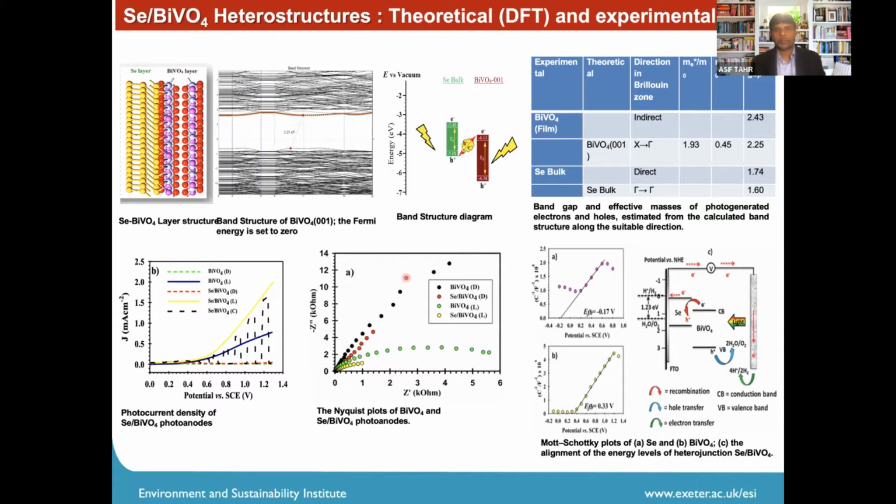And then using the Mott-Schottky plot, we have calculated the band edge positions and band gap, and finally concluded that the layered structure of selenium and bismuth vanadate is the right combination for direct water splitting using the sunlight.